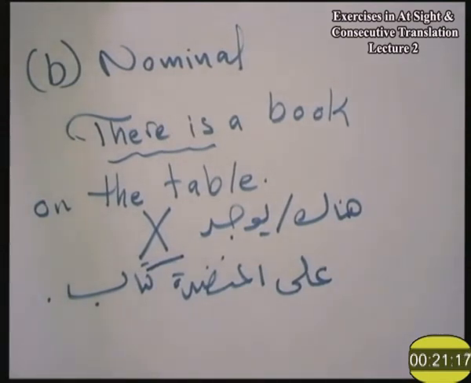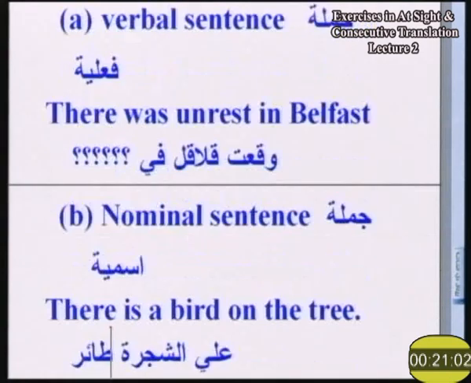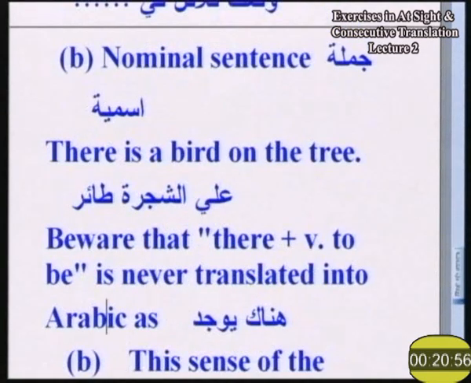Okay, so this takes us back to the rules of Arabic grammar. وقعت بعض القلاقل في بلفاست. بلفاست علامات الاستفهام الكتيرة دي غيروا اكتبوا كلمة بلفاست زي ما احنا شايفين. Okay, nominal sentence جملة اسمها there is a bird on the tree. على الشجرة طائر.